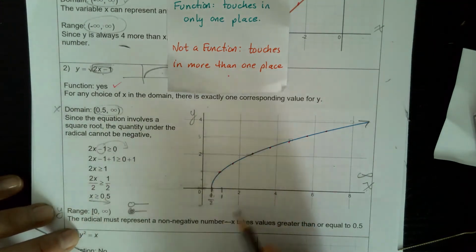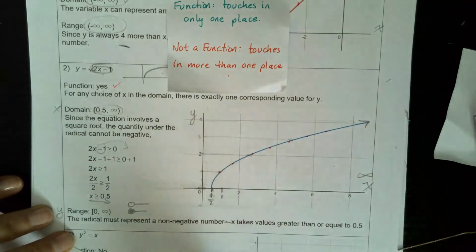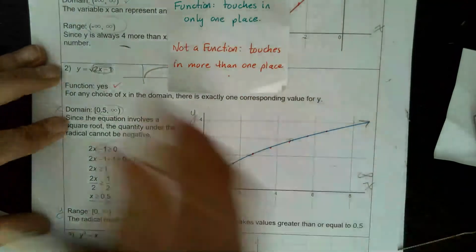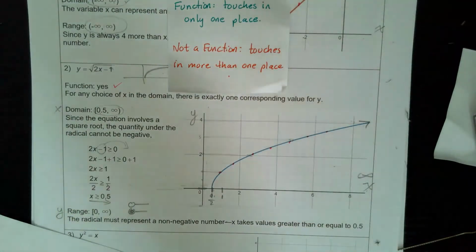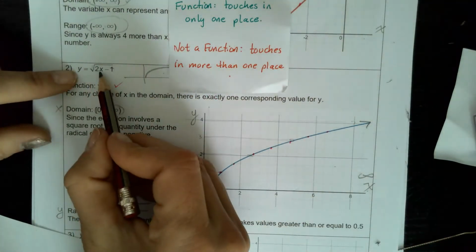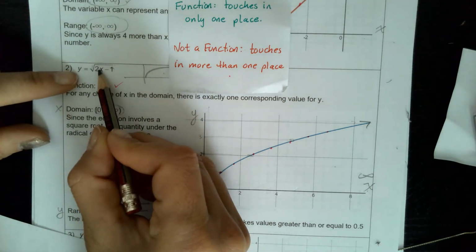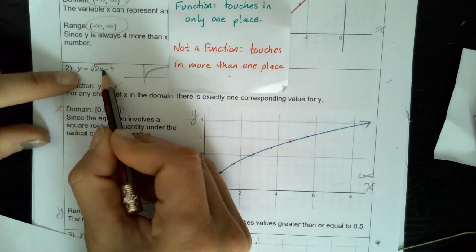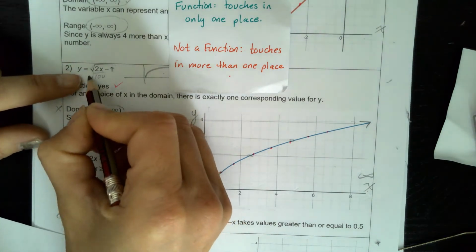But that's because I have a picture, all right? I can see that easily. But say I wanted to just look at my equation, okay? And I wanted to go, okay, what's my range from this equation? So I look at this and I go, I can't have any negative numbers. When I take the square root of something, say I take the square root of 100, well, it's a positive number.